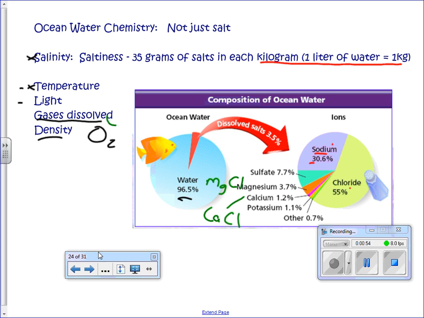So other things that are in ocean water, a lot of it is sodium chloride, but as you can see here, sodium chloride is about 30% or so of what is in ocean water, and there are other salts as well.